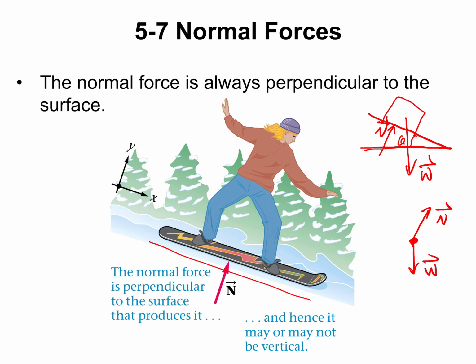In this example, we have to build a coordinate system, and the one I like to build is along the inclined plane. The x-axis is parallel to this inclined plane, and the y-axis is perpendicular.